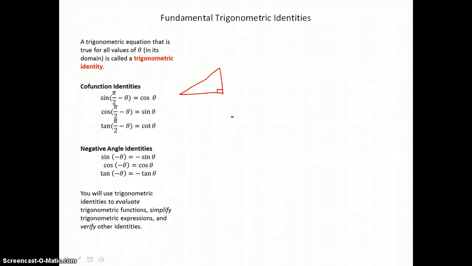The negative angle identities refer to this right triangle in the fourth quadrant, where theta is measured in the negative direction. The horizontal leg is positive and the vertical leg is negative. The hypotenuse is always positive.